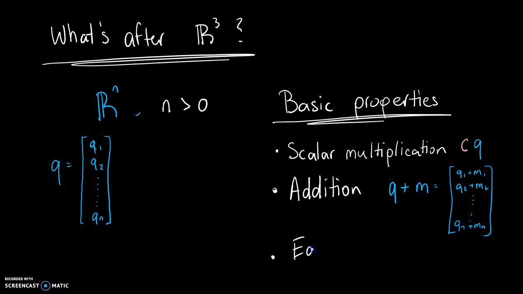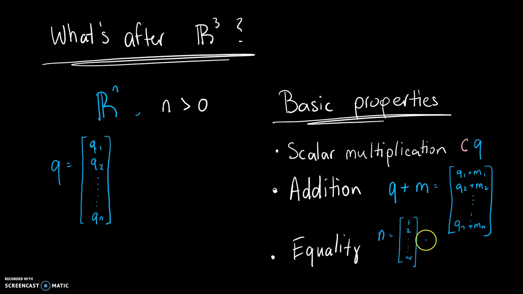And then finally, the last one we touched on briefly was equality. That's just saying two vectors are equal. Two vectors are really just equal when they're element-wise equivalent, when each element is the same thing. So let's say we have a vector n that is equal to 1, 2, a bunch of entries, and then 4.